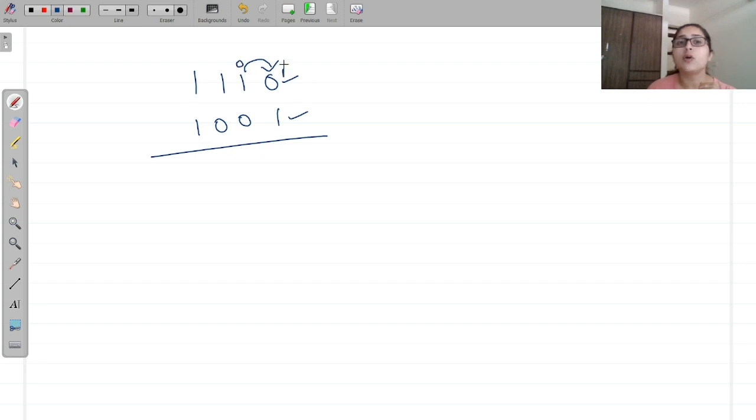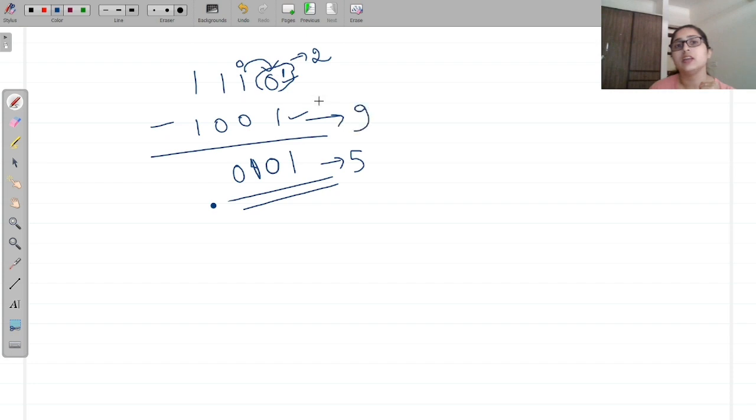Since it is taking a borrow 10, this is becoming 2. 2 minus 1 is 1. 0 minus 0 is 0. 1 minus 0 is 1. 1 minus 1 is 0. So this is 5. This is 9. What about this? This is 14. So 14 minus 9 will always be equal to 5. So this is the answer. We have also verified using the decimal values of this particular thing.